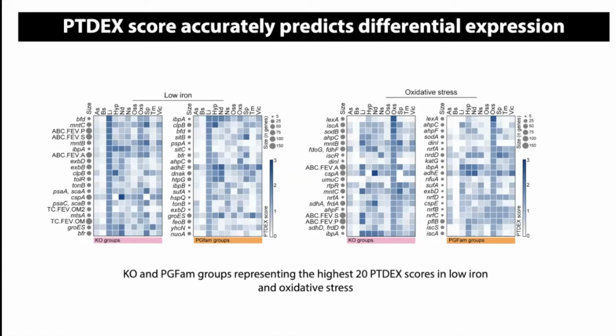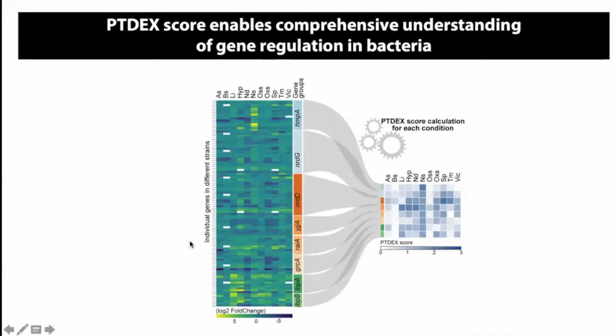Then we decided to continue with the PGFAM groups. The PATHOgenex score is actually a transformation of the differential expression of many genes from all the species in the database into a single value, which simplifies cross-microbial comparisons of gene regulation in a comprehensive way.